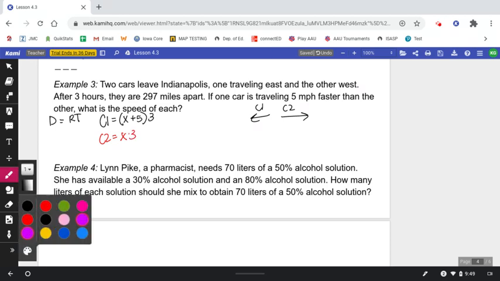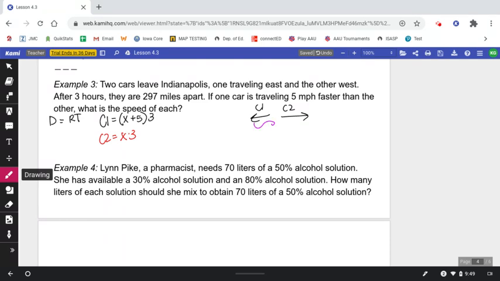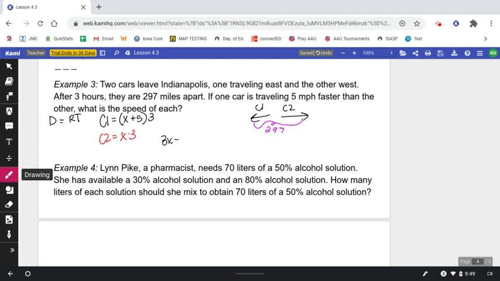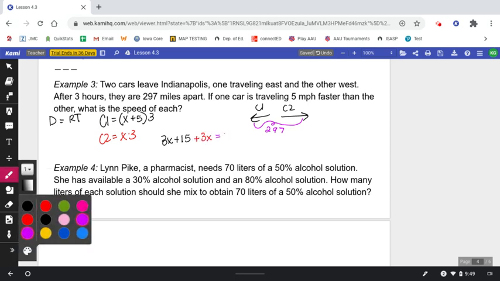Now, we know that when these cars are traveling, their total distance apart is going to be 297. So for car 1, I'm going to write 3x plus 15, because that's distributive property. And for car 2, I'm going to put plus 3x. And then for the total, I'm going to put equals 297 miles.